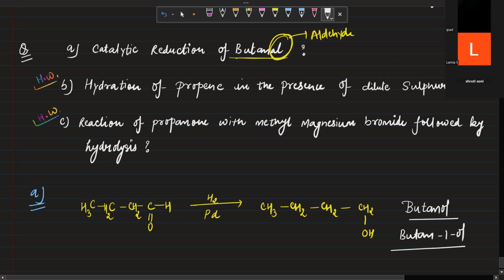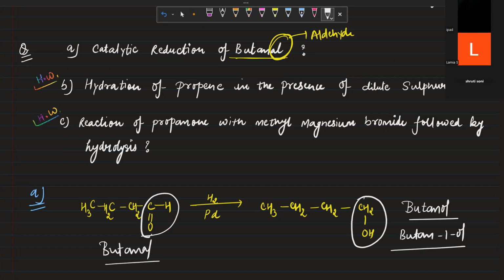Wait, didn't you say that it's butanal, or is that something different? Yeah, this one is butanal because this is the aldehyde group here. And in this case, OH means alcohol group, so here we are using ol. Oh, okay, I was looking at the first structure. Sorry, that's why I was confused.